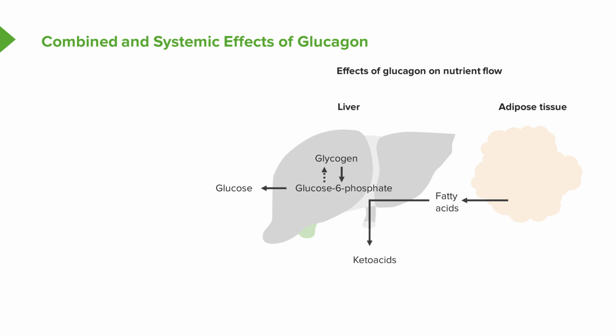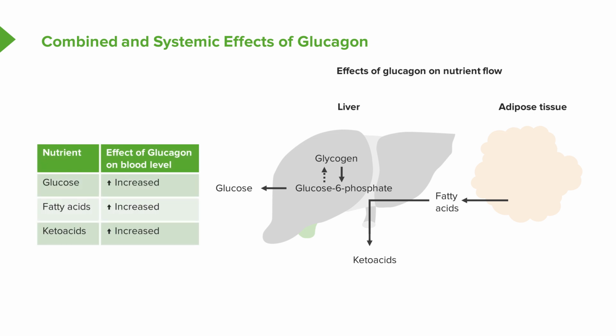Those fatty acids also form the basis or backdrop for keto acids. So here we've got increases in glucose, fatty acids, and keto acids, all to help us do what? Increase our metabolism, because we're responding to some sort of stressful environment.